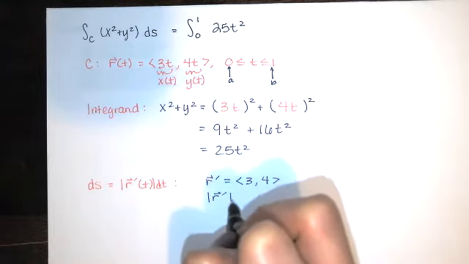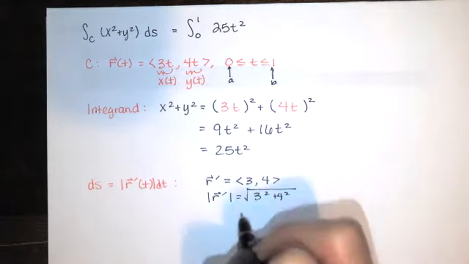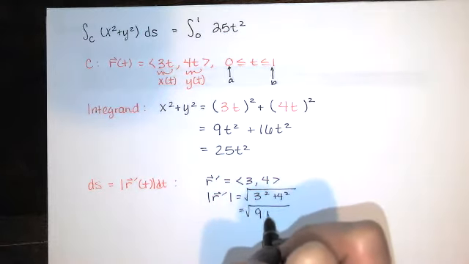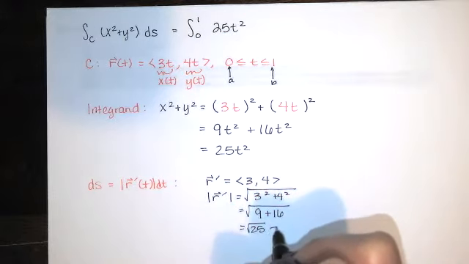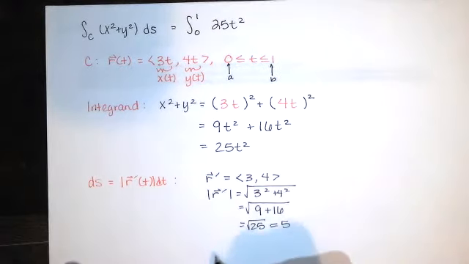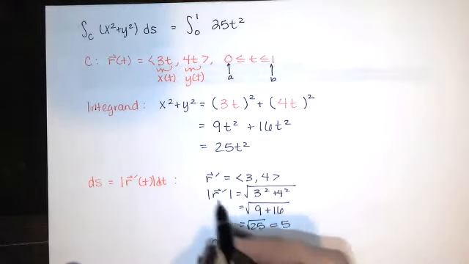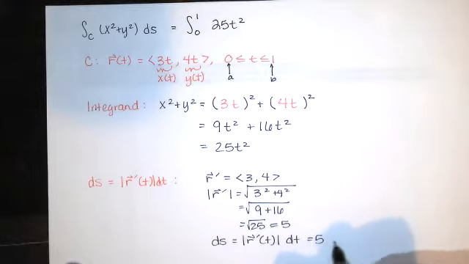The magnitude of that vector comes from taking the components, squaring them, adding them, and taking the square root. 9 plus 16 is 25, and the square root of 25 is 5. So ds is the magnitude of r prime of t times dt, so we just end up with a 5 times dt.